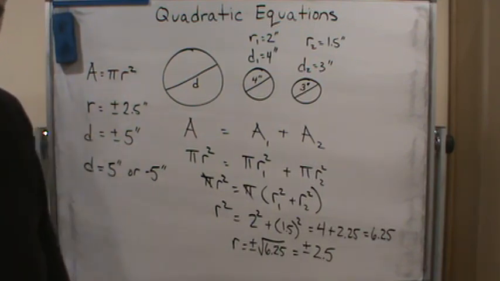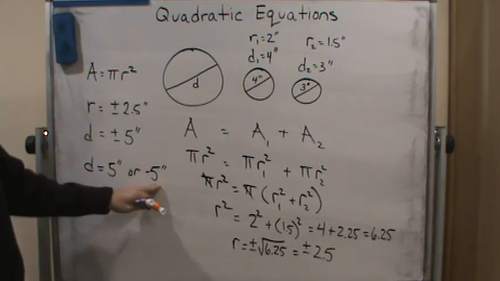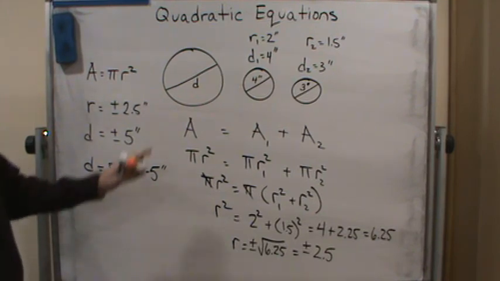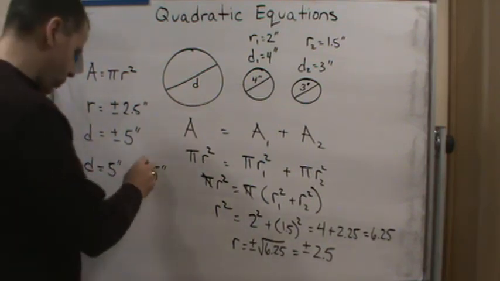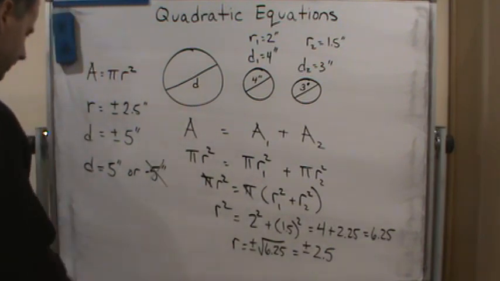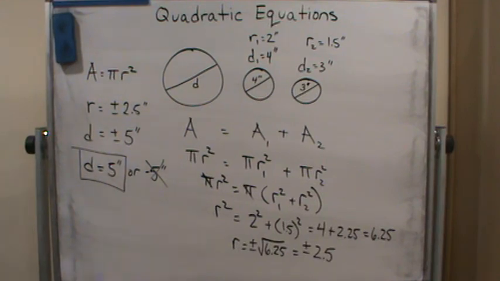Can they both be right? And in this case, the answer is no. The negative diameter makes no sense, right? You can't have a negative distance when you're measuring the diameter of a pipe. So this is wrong. So the answer is just 5 inches. And we're done.